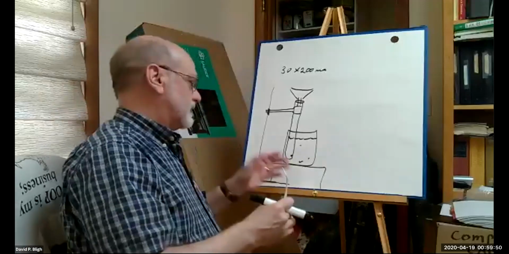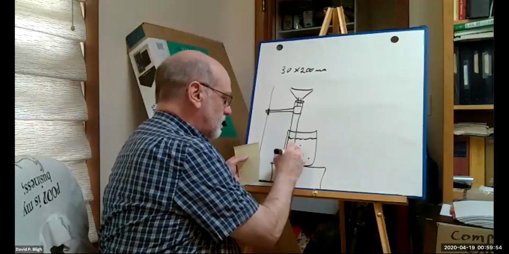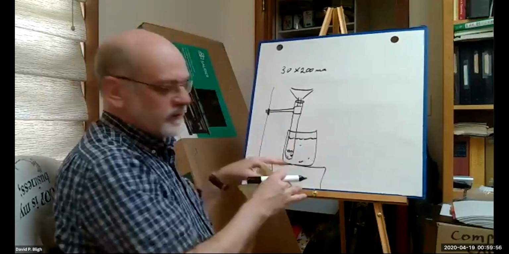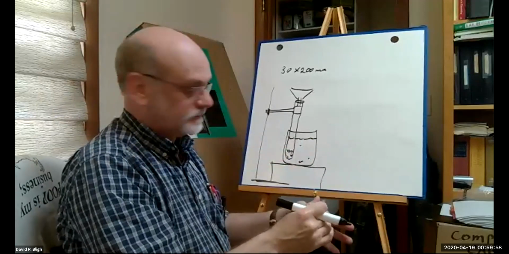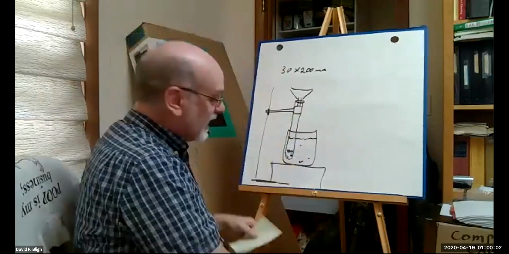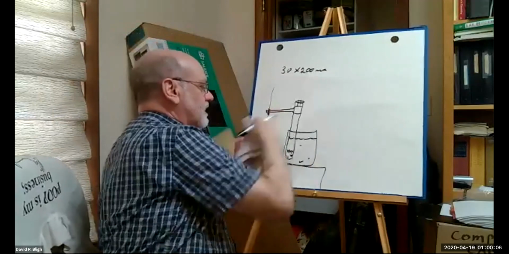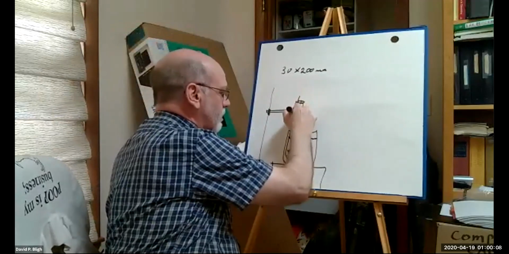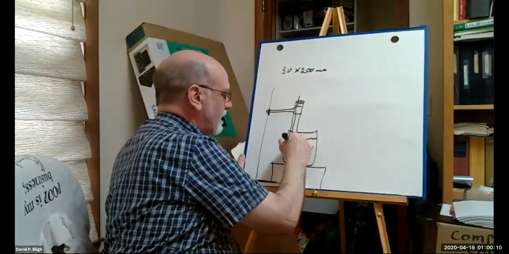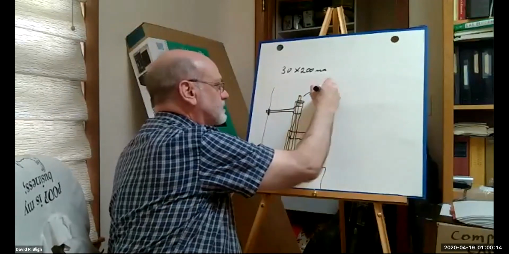Okay? So we have our lauric acid in the bottom, and it melts. Right. You take the funnel out, and in its place, instead of the funnel now, we want a thermometer.